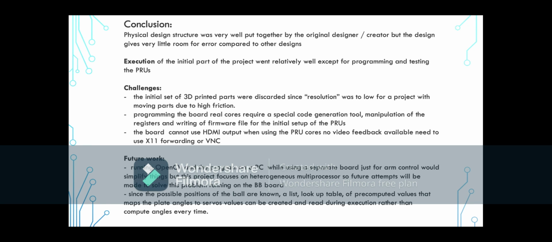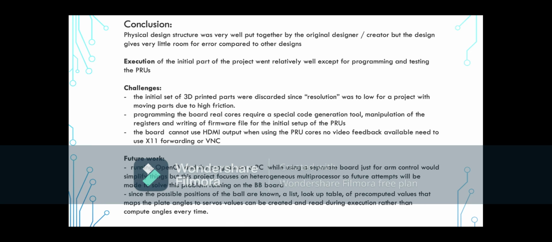I found out that the board cannot use HDMI output, so I cannot look at it on the screen. I cannot see the output of the camera while using the PRU cores. So there's no video feedback available, and I needed to use X11 forwarding or VNC. For future work, running OpenCV and the program on a PC while using a separate board just for the movement control would simplify things.